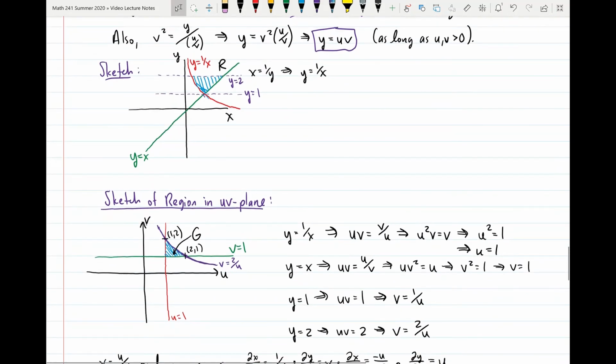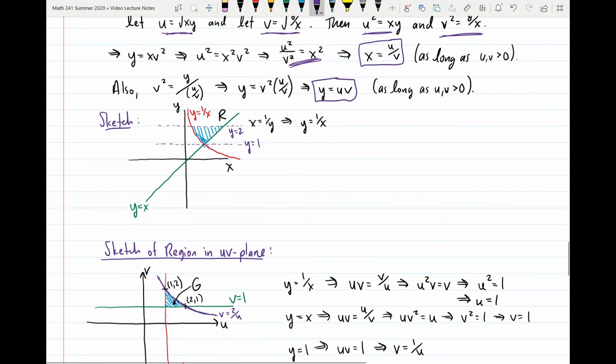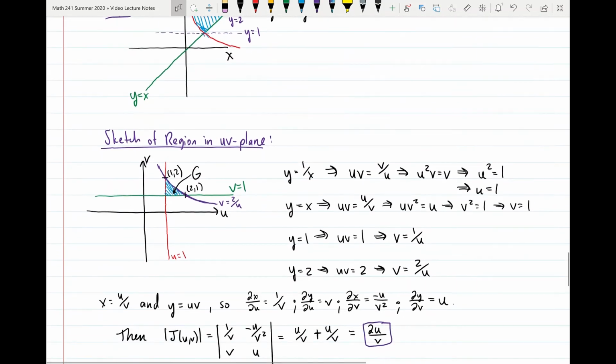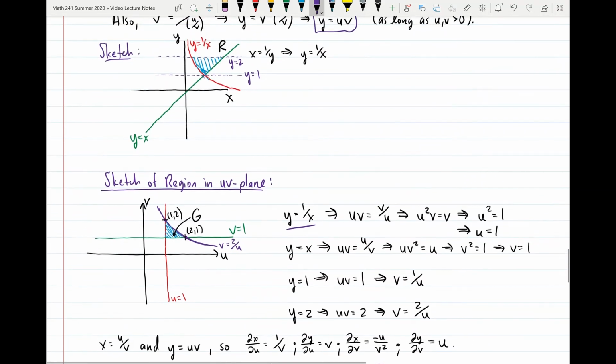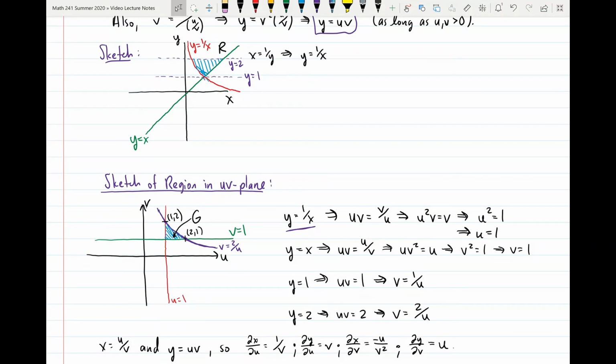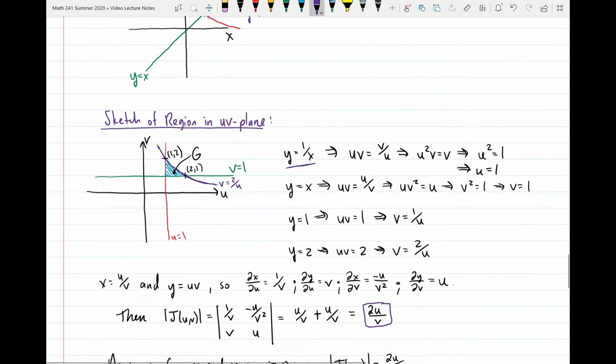And after we have that sketch, we also want to sketch the corresponding region G in the UV plane using our transformations, x equals u over v and y equals u times v. So we start off with this hyperbola, y equals 1 over x. And again, we can just substitute using the transformations. We get u times v is equal to v divided by u. Ultimately, we get u squared is equal to 1, which just means that u is equal to 1 because u and v are greater than 0.